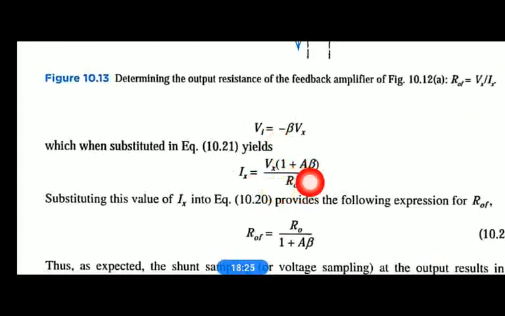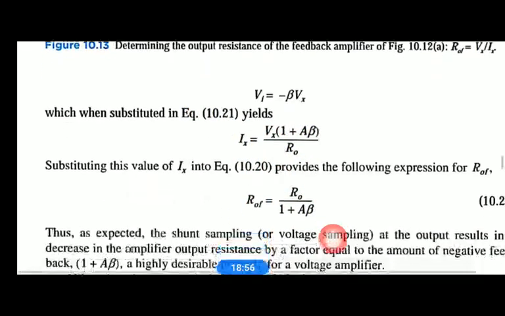So Ix is Vx plus A beta Vx divided by R0. Take Vx as common, and we derive the equation for ROF, which is Vx by Ix. Taking Ix to this side, 1 plus A beta to this side, and R0 cross multiplied, Vx by Ix, which is ROF, is equal to R0 divided by 1 plus A beta.